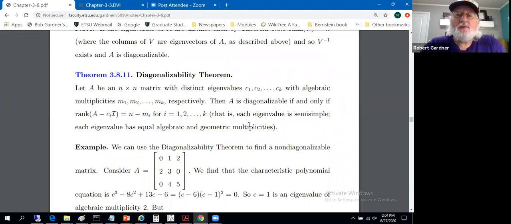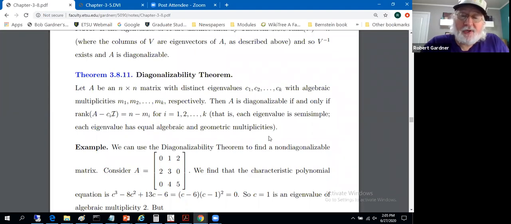But this is ultimately saying an n by n matrix A with distinct eigenvalues, so we've listed them distinctly here, and given algebraic multiplicities, is diagonalizable if and only if the algebraic multiplicity of each of these eigenvalues, given down here, equals their geometric multiplicities.